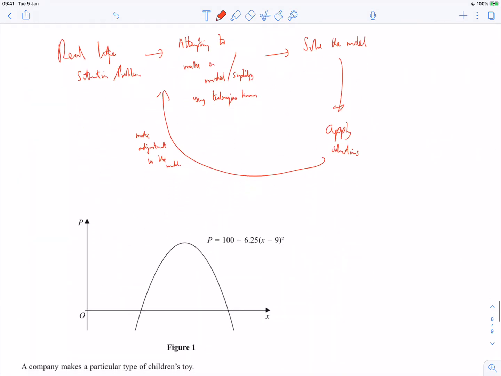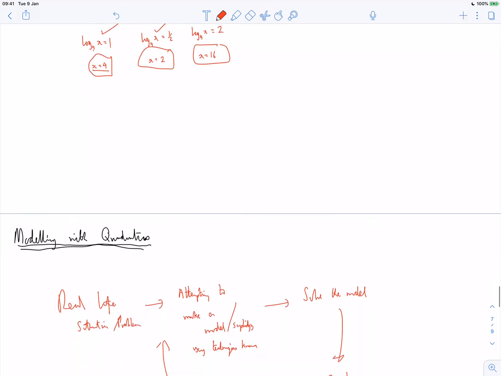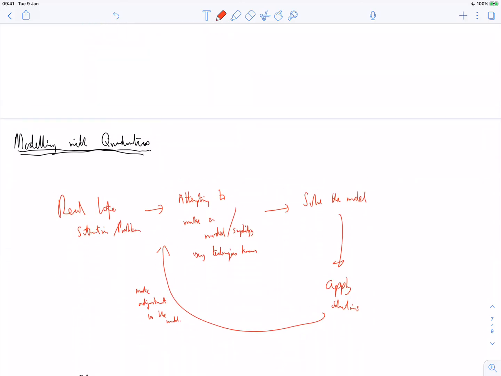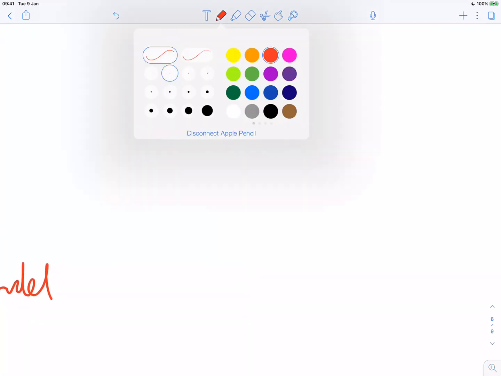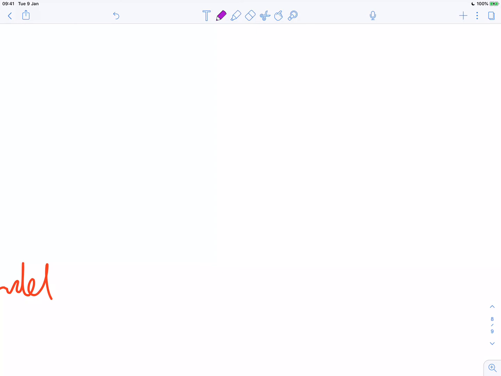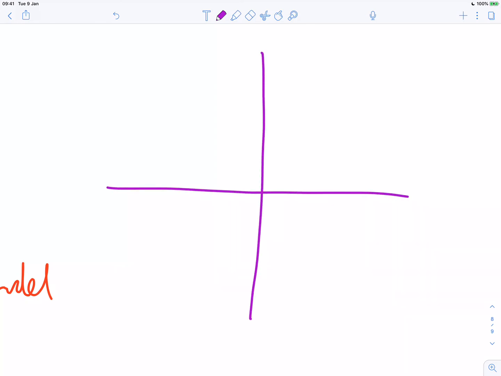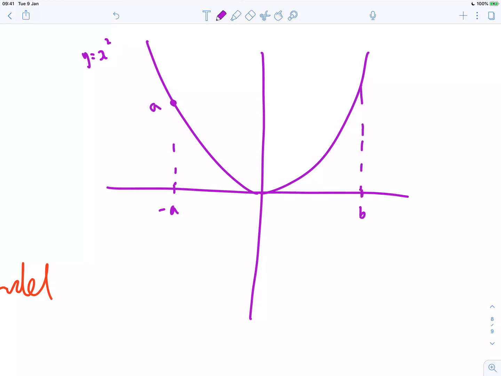There are great YouTube channels out there that do all kinds of fancy stuff with quadratics. One of my favourite things about quadratics, which I only found out a couple of years ago, is this: if I have the y equals x squared graph, and an x value there, let's call it minus a, and a value there, b, and I draw a straight line between the two, then where it crosses the y-axis is the value a times b.